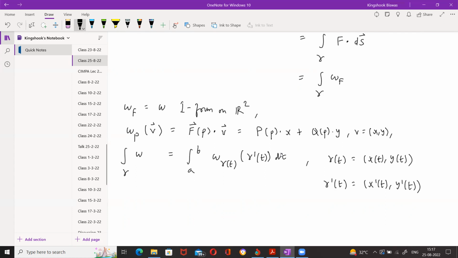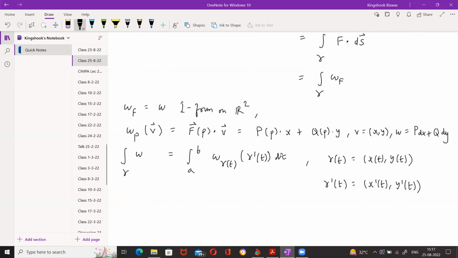Okay. So omega as a one form, what will it be? Omega will be capital P dx plus Q dy, right? Because dx acting on V is the x coordinate of V, and dy acting on V is the y coordinate of V, right? So this is the same as P dx plus Q dy acting on V. So omega is P dx plus Q dy. Okay.